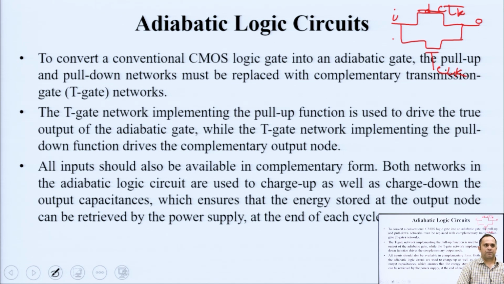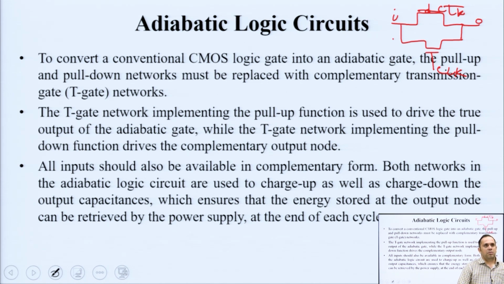All the inputs should be available in both the forms, standard and complementary. So, if you have two inputs A and B, A bar and B bar should also be available. This might increase some overhead cost, you might need some more inverting circuits, but that is a very small expense considering that you are able to recycle the power.